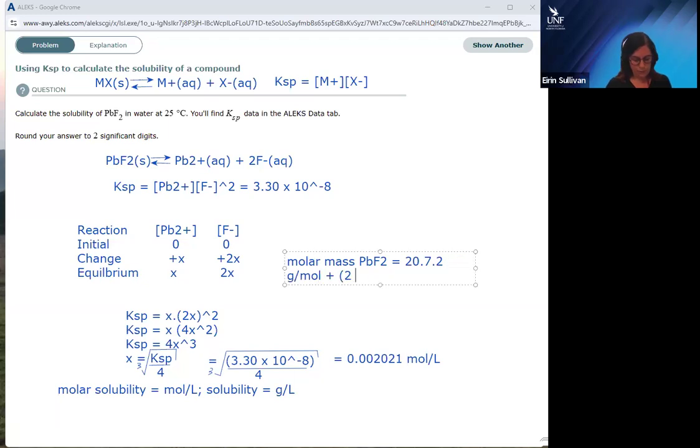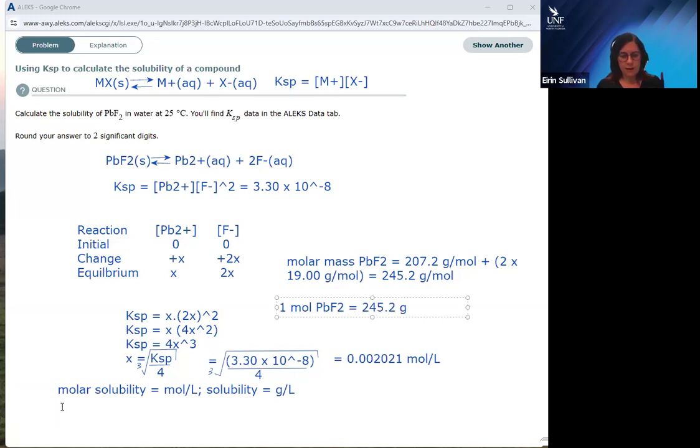And then we've got 2 fluorines, each of those is 19 grams per mole. So that gives me a molar mass of, the suspense is killing me, 245.2 grams per mole.